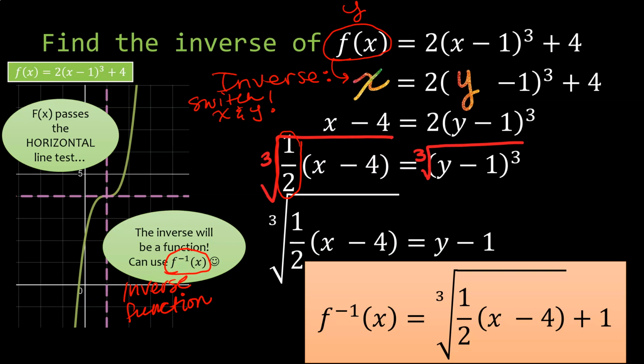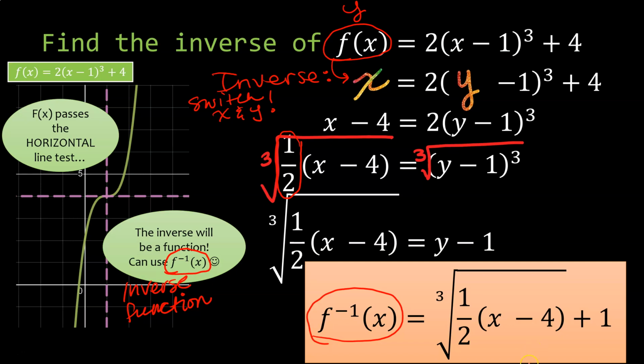So now, the inverse function, again, this is notation for f inverse of x. Okay, and that is now a function. The inverse function is the cube root of 1/2 times (x minus 4), all that plus 1 at the end. And that's how you find the inverse algebraically.